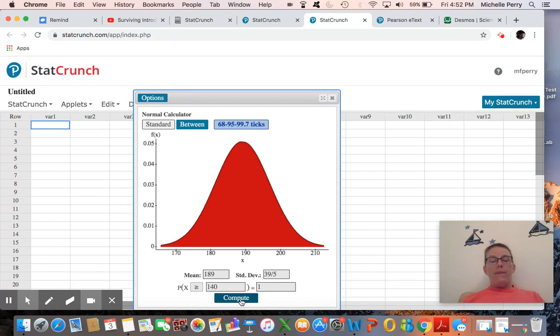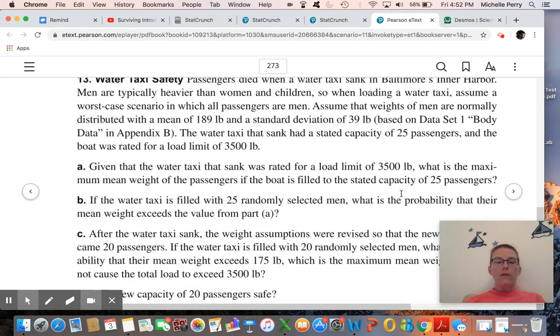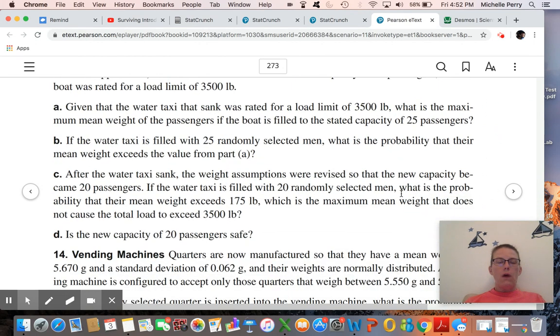Whoa, that's problematic. You're like, why did you say whoa? It's almost a given that if we were to take all of those 25 men and put them on that boat, guess what? They're going to exceed the capacity of the boat. That's what we were working with on this case. You're like, well, why would you say whoa?